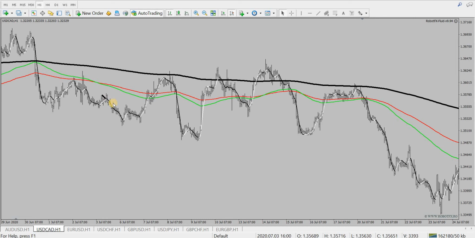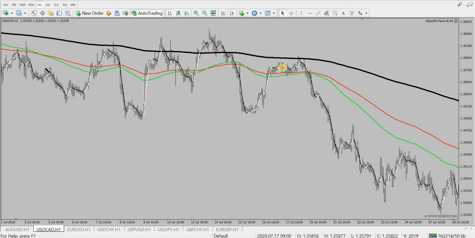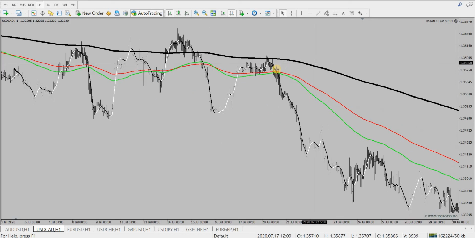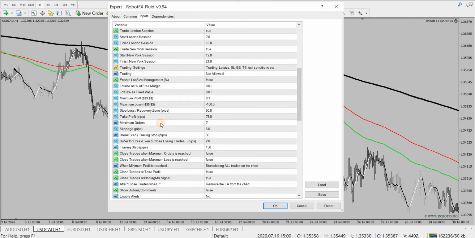When the non-lag moving average changes the color, because now we have a downtrend from white, which is up, into black, the Expert Advisor will consider opening a sell trade, if of course the trend validates that there is indeed a downtrend. It will not happen here, but it will happen here, for example, which is very good, because after that we have a downtrend, and if we instruct the Expert Advisor to open multiple trades, maximum orders is set by default to 7.